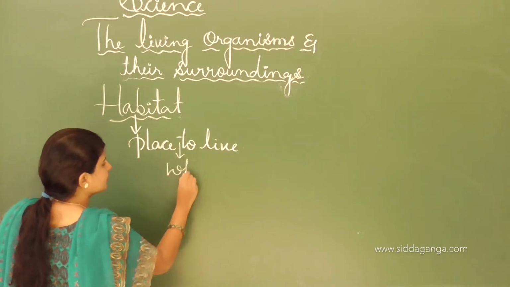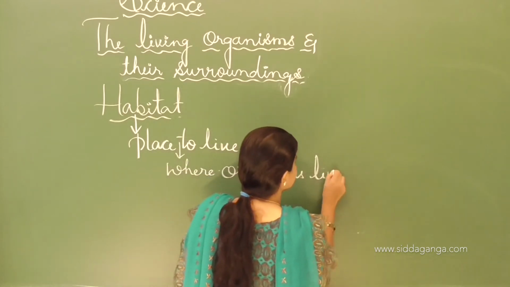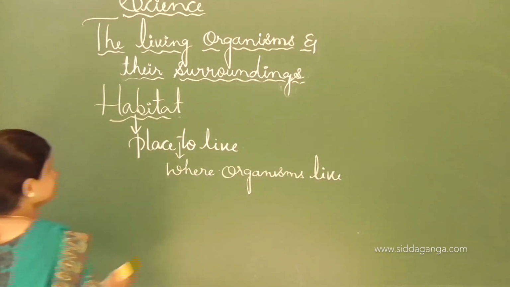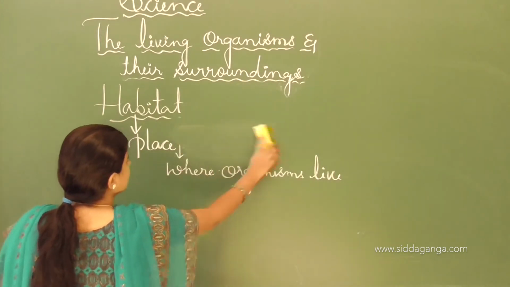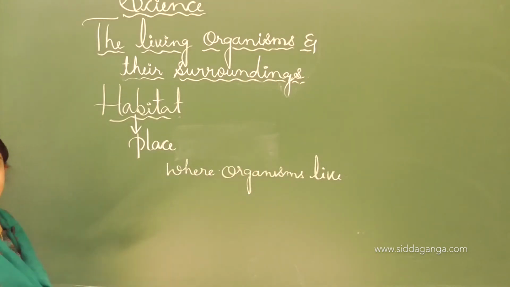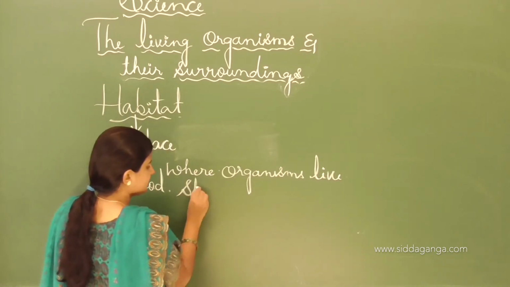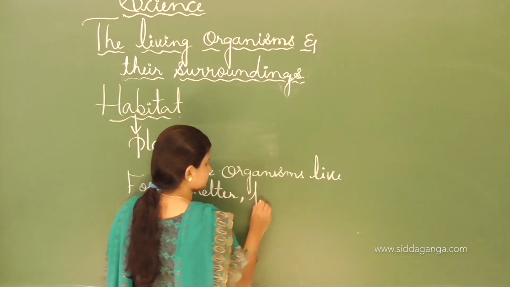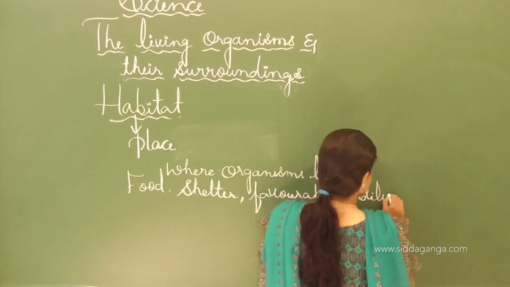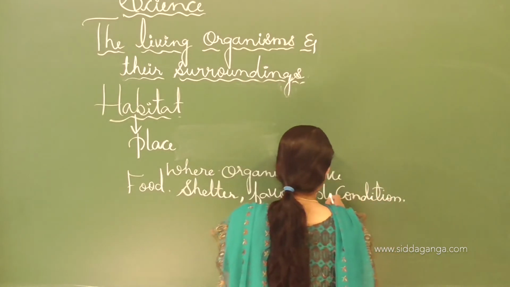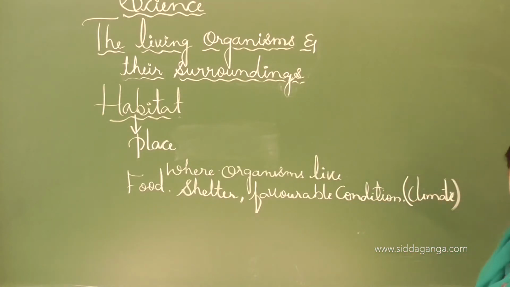The place where organisms live is called a habitat, and this habitat provides the animals with food, shelter, and a favorable climatic condition.